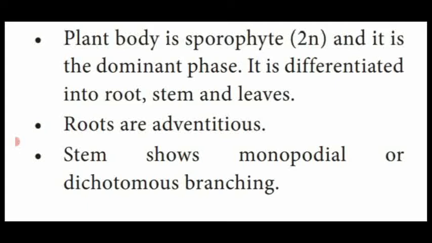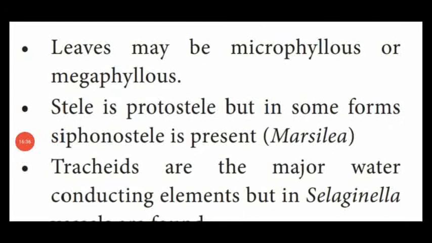Each and every branch of a stem is divided into two. That is said to be monopodial or dichotomous branching. Next one, leaves. Dear students, I told you these leaves are somewhat different from the advanced plants, that is gymnosperms and angiosperms.